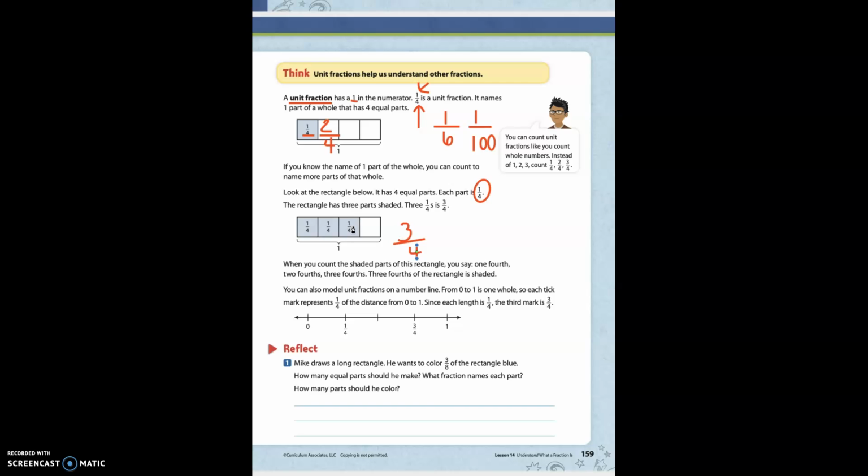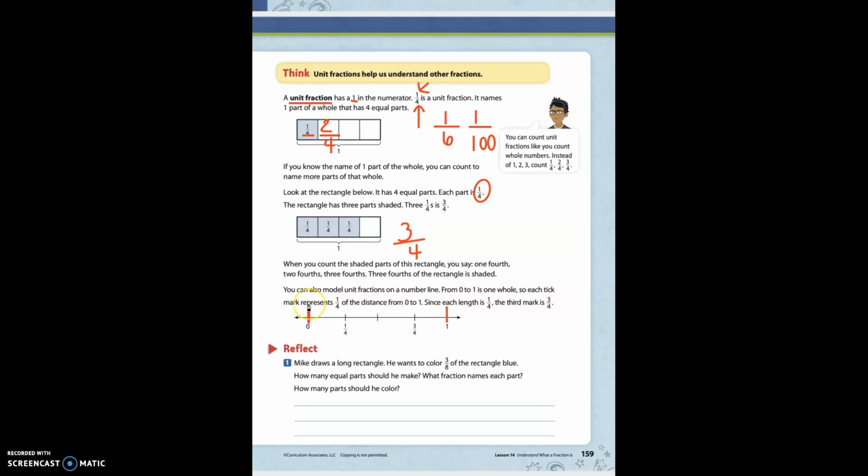You can also model unit fractions on a number line from 0 to 1. So this number line is labeled from 0, which is the starting point, to 1 whole, right there, from 0 to 1.